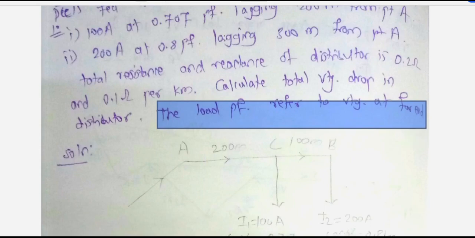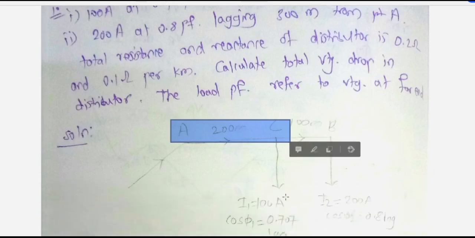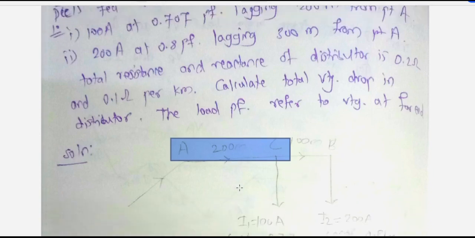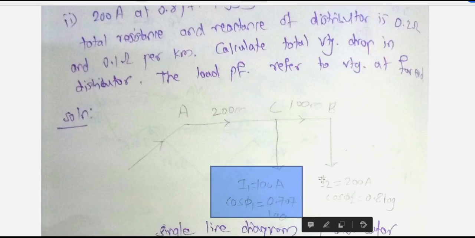Let's try to draw the diagram from the numerical. So let's say this is the AC distributor, and 100 ampere at 0.707 power factor lagging. So that is I1.